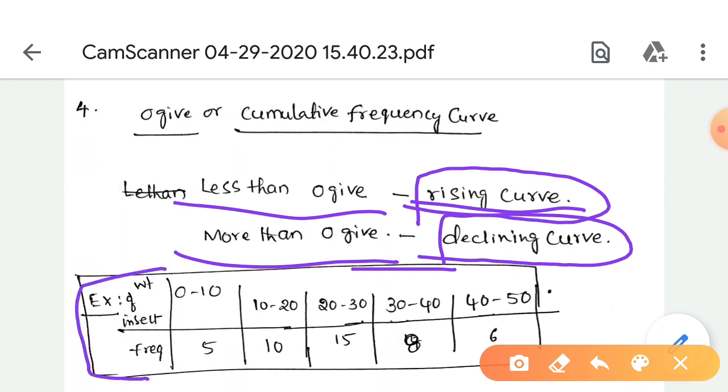This one example: weight of insects and frequency. The classes are 0 to 10, 10 to 20, 20 to 30, 30 to 40, and 40 to 50. The frequencies are 5, 10, 15, 8, 6 respectively.